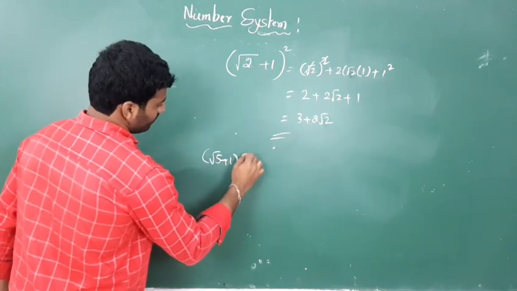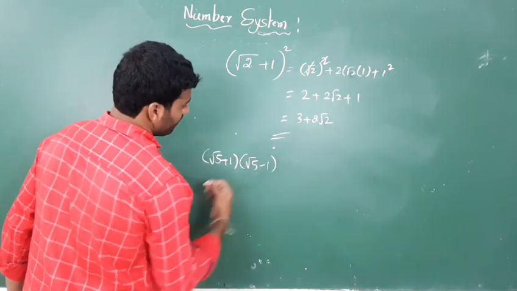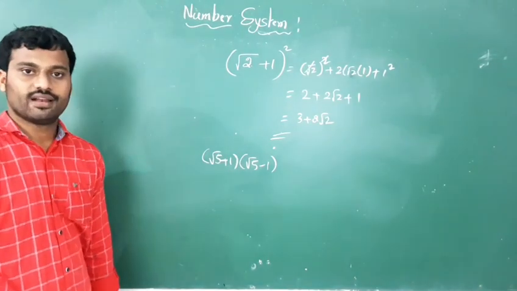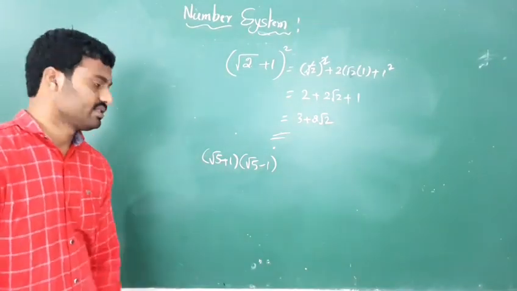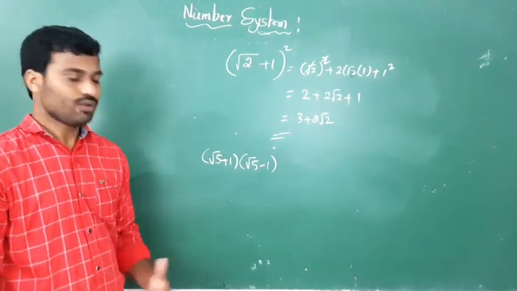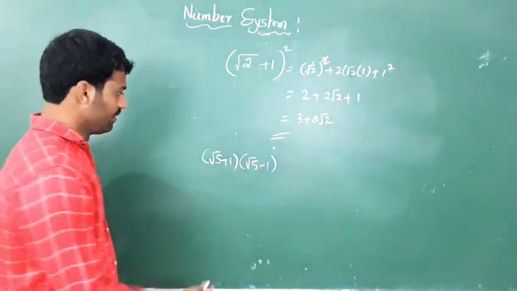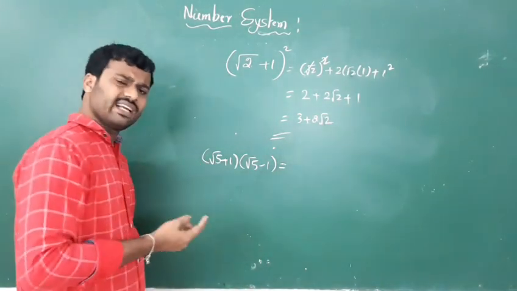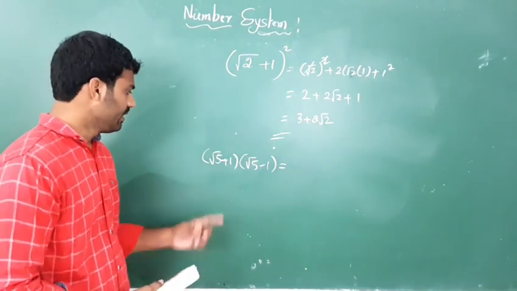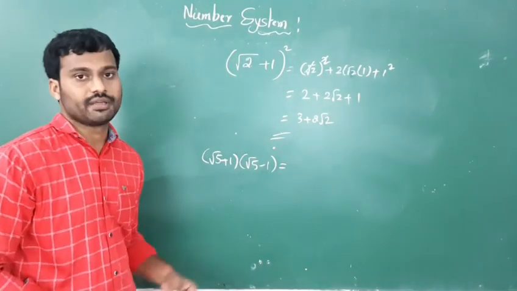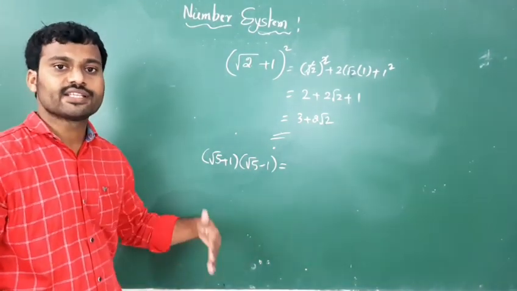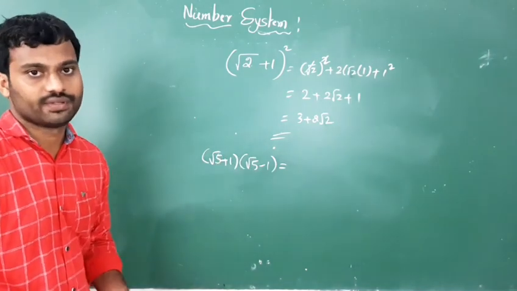Maybe they may ask like this: root 5 plus 1 into root 5 minus 1. Clear or no? So what will be the answer? Simplify this one. How to simplify this one? It is also like an identity: (a plus b) into (a minus b), which is a square minus b square. Directly you can go with the identity.